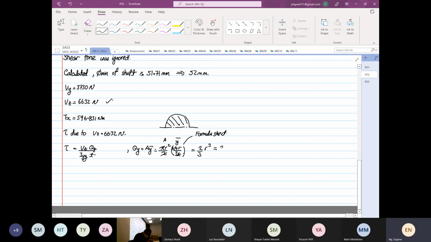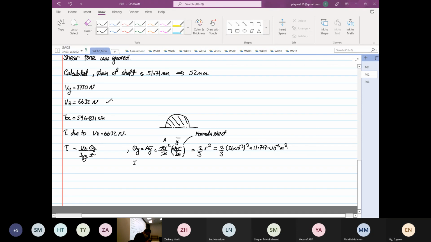So we're going to calculate 2 over 3 r cubed. r is 26 times 10 to the power minus 3, cubed, times 2/3, which is equal to 11.717 times 10 to the power minus 6 meter cubed. So that is our first moment of area.